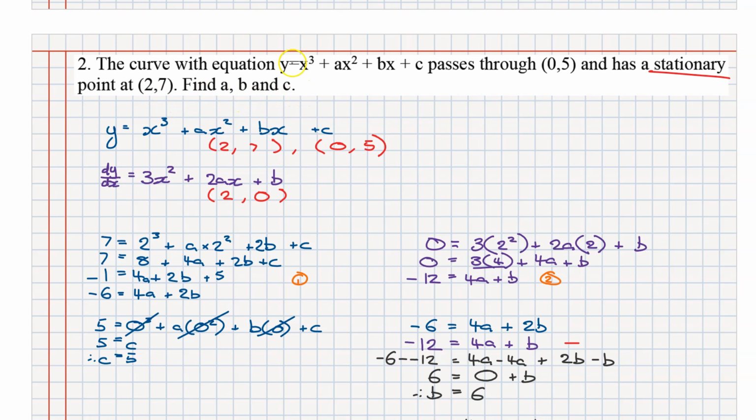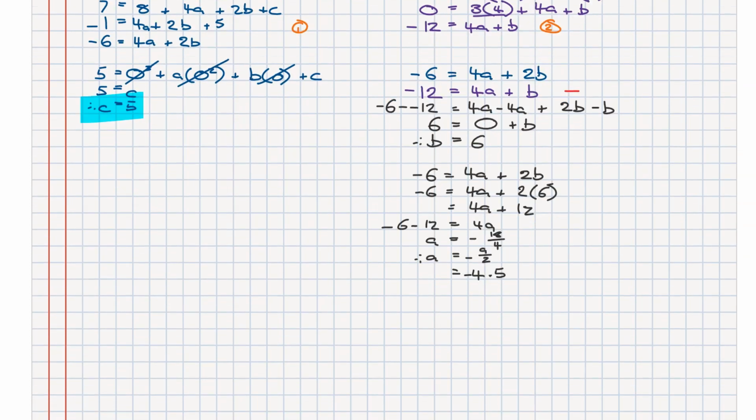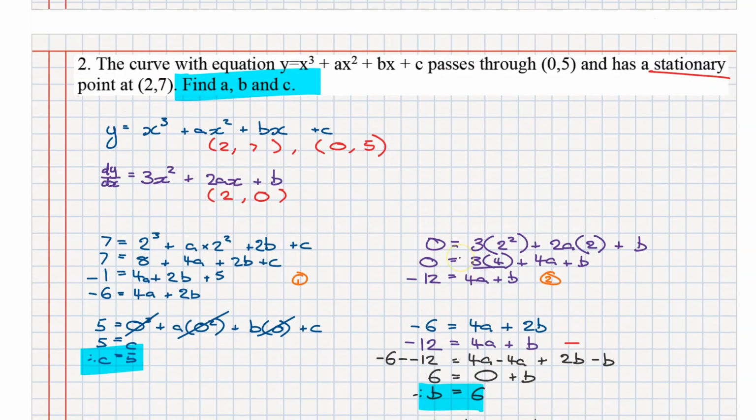So the question was to find a, b, and c for the curve passing through the stationary point. What we find is that firstly c equals 5, then we found that b equals 6, and then we found that a equals minus 9 over 2. So what we've done is solve this equation using the derivative, because it told us we had a stationary point.